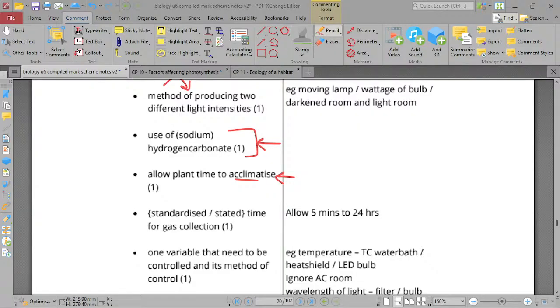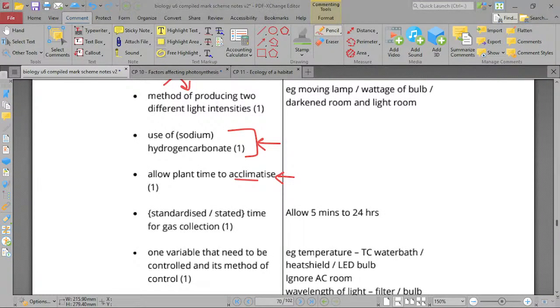Okay, listen. Is acclimate a word? Yes, and you pronounce this as acclimate. Okay, sure. Acclimatize. Acclimate.